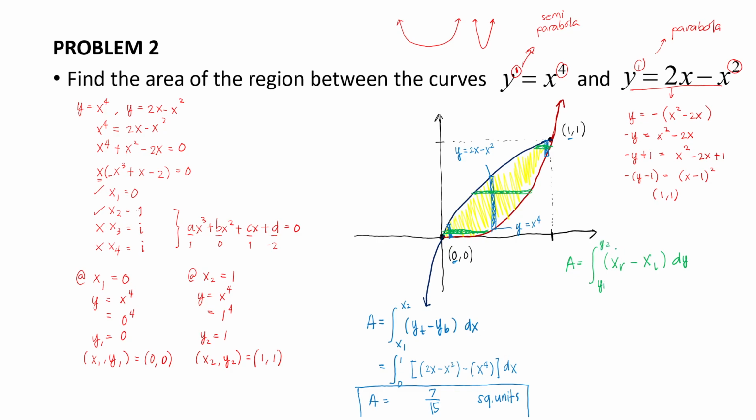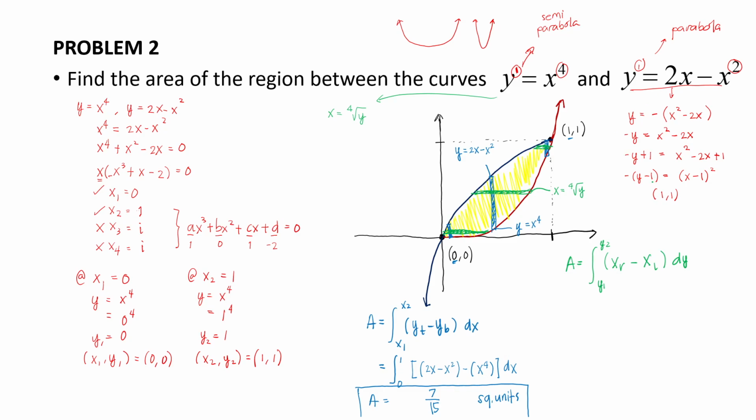So our problem now is we still have to convert everything in terms of y, right? So this one is an easy conversion because x is just equal to the fourth root of y. So that would be our x right, so x equals the fourth root of y. How about the other one, your parabola?